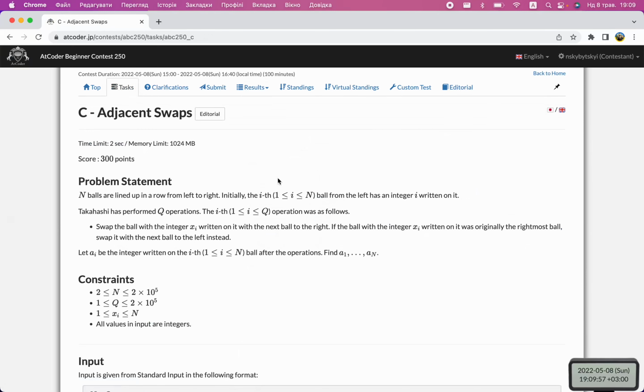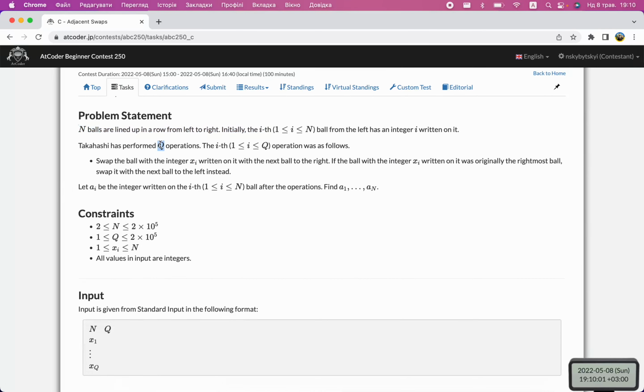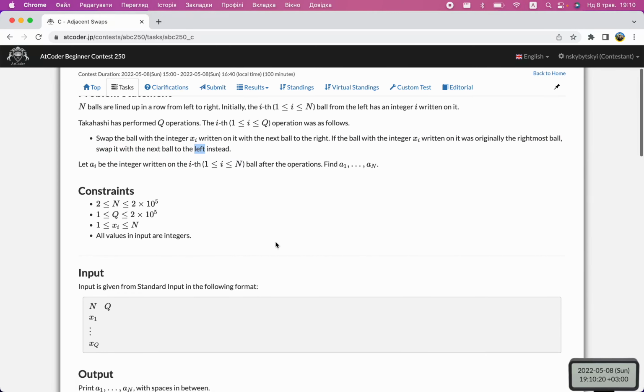Problem C, Adjacent Swaps. We had N balls in a row and we wanted to perform Q operations in which we swapped the ball with number x_i with the next ball to the right, or if no such ball existed, to the left. So if this number was rightmost, then we swapped with the next left ball.